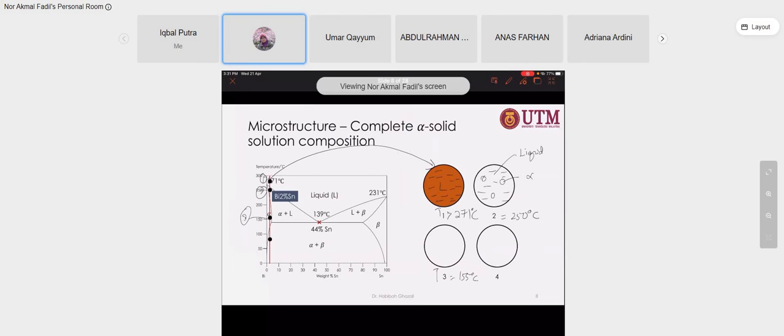How to draw the microstructure? What is the microstructure for point number 3, where the temperature is equal to 155 degrees Celsius?